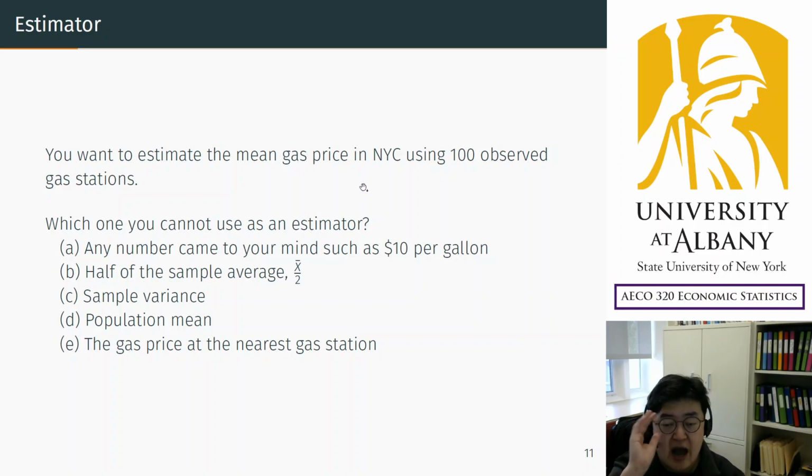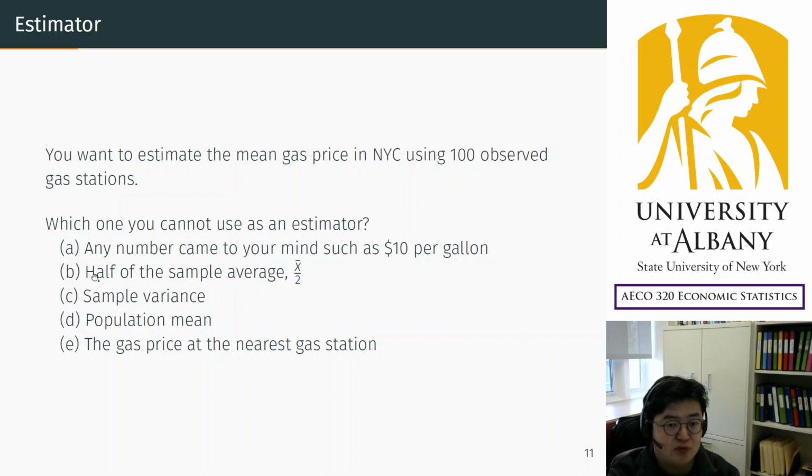I'm not saying what is a good estimator, but one of these five cannot be used as an estimator. A: any number that came to your mind, such as 10. Just choose any number you have in mind, like 100. Doesn't matter, a billion. Any number. B: half of the sample average.